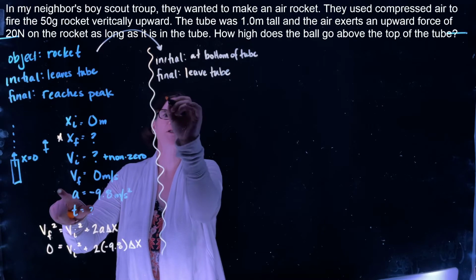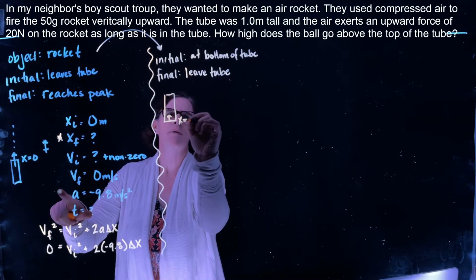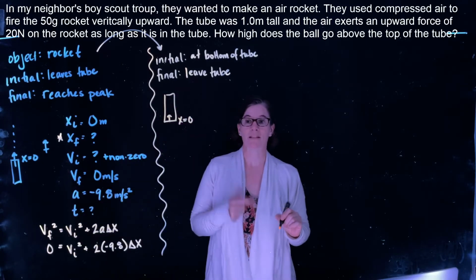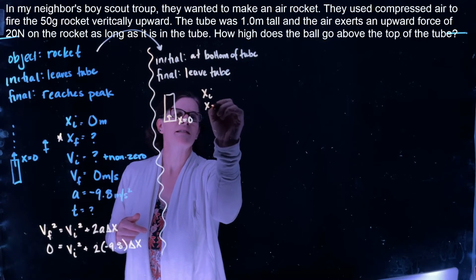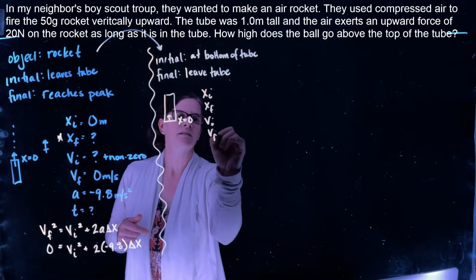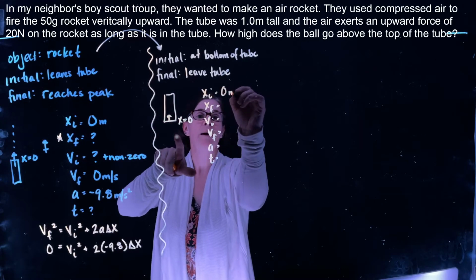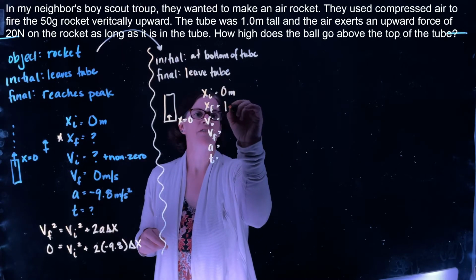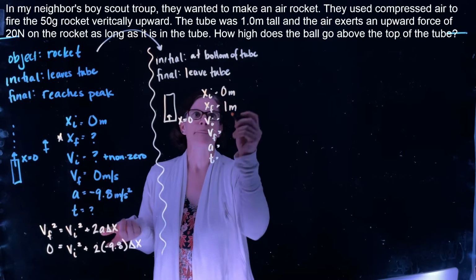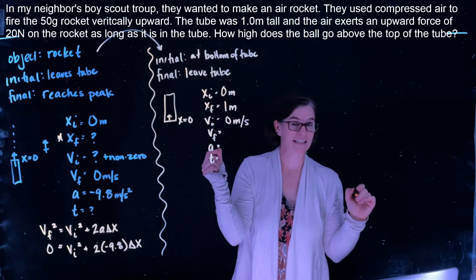So I can draw a picture. Now my picture is, here's the rocket. And we're going to call the bottom of the tube my position, x equals 0. And so we'll make our list. All right. So my initial position is 0. My final position, we know that tube is 1 meter tall. So my final position is 1 meter. It starts at rest in the bottom before that force is initiated.